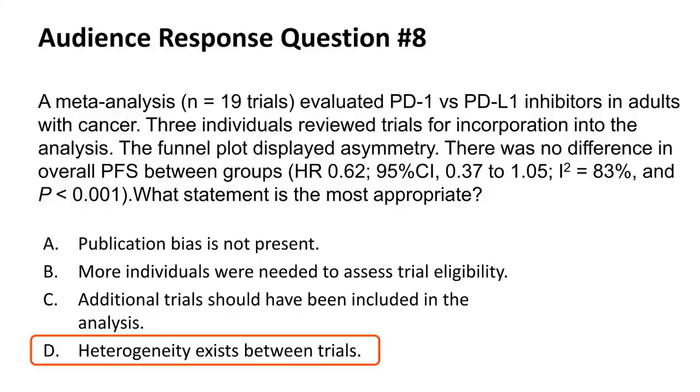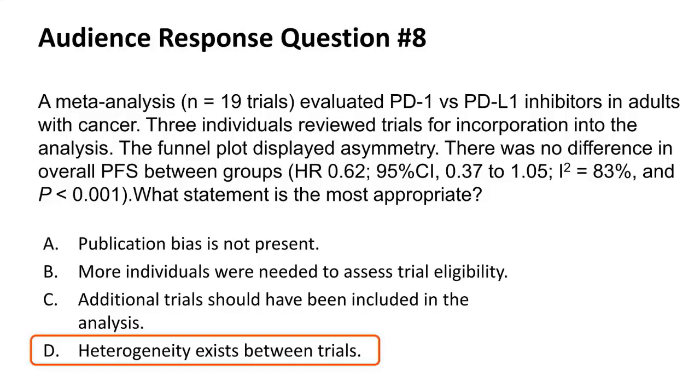With I-squared statistic, that is determining the degree of heterogeneity. And so any I-squared statistic greater than 50% depicts a high amount of heterogeneity between the trials in that analysis. Publication bias is present because the funnel plot displayed asymmetry.